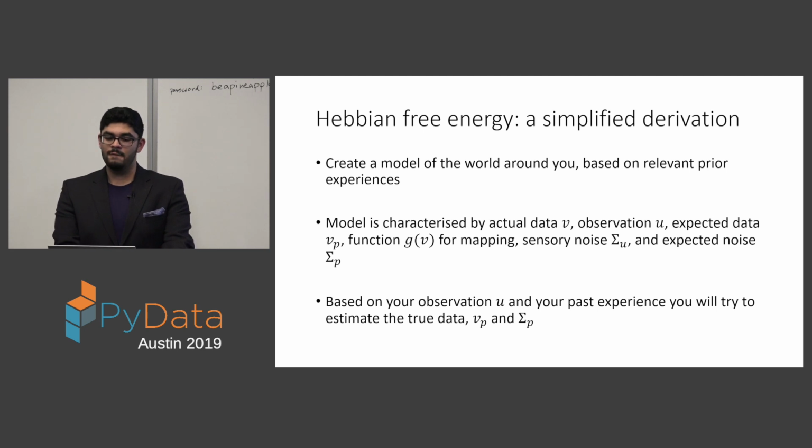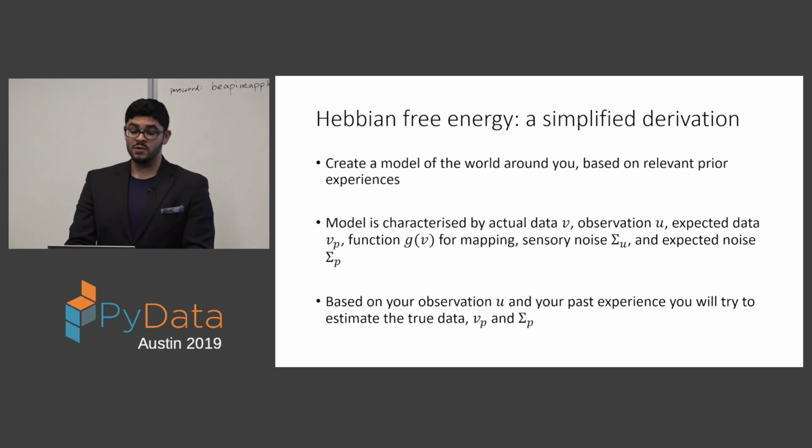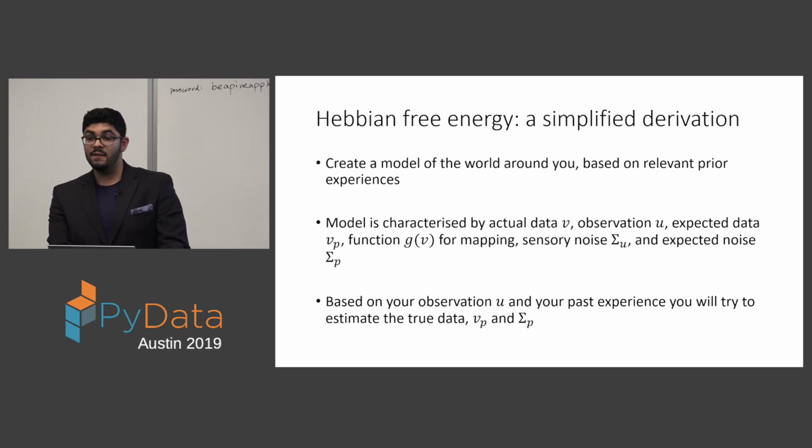And so we can infer a data point based on what the actual data is and based on our observation. And so we use that in a way to model our environment. If we have this function, great, we can theoretically figure out what shape anything is based on our prior experiences.